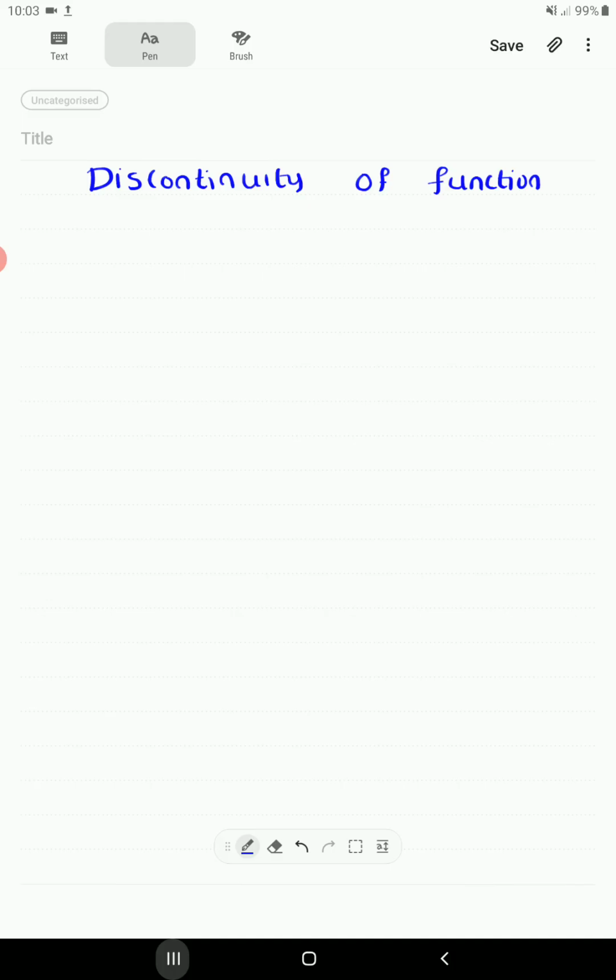So a function, let me understand the definition.